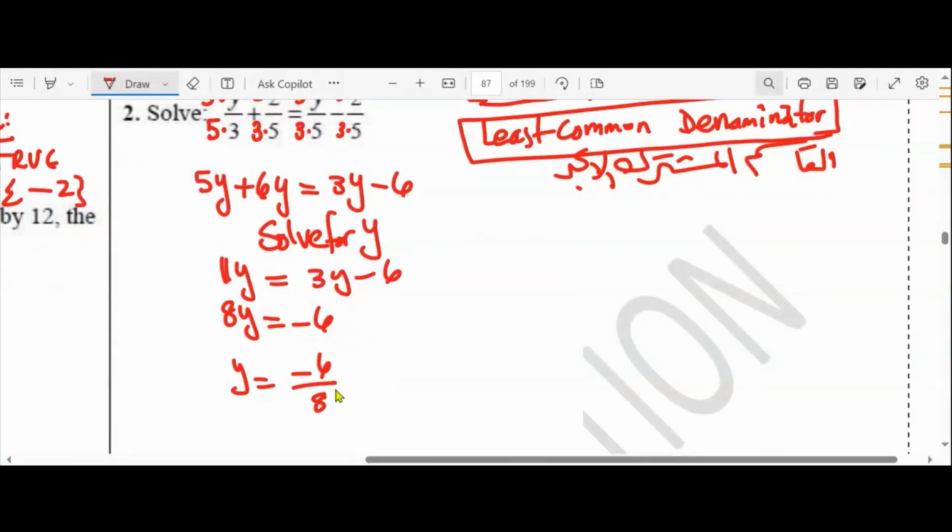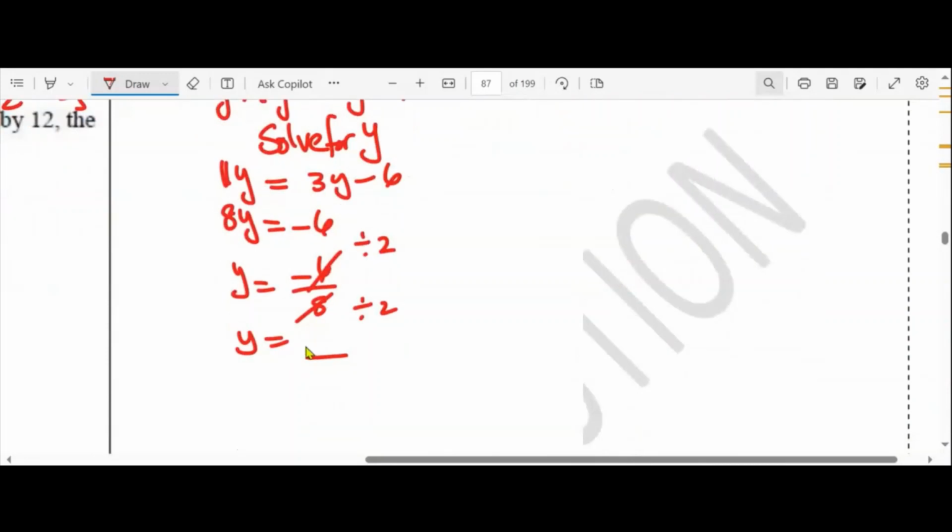So reduce this and you get what? Divide by what? Divide by 2, correct? So you get negative 3 by 4. That's the answer. But to make sure that you are correct, what should I do? You have to check.